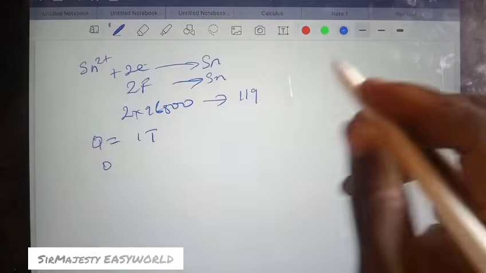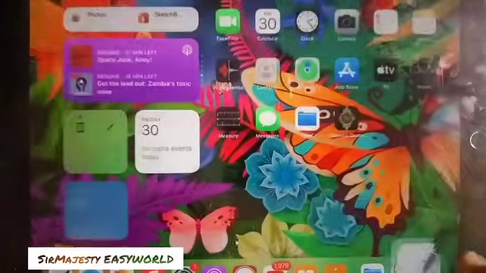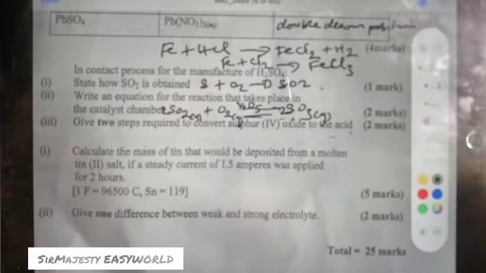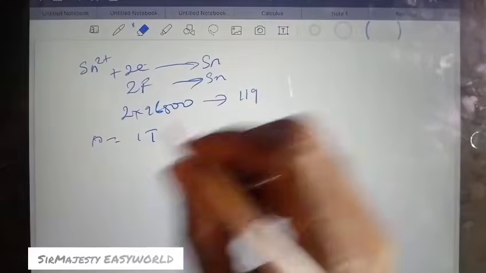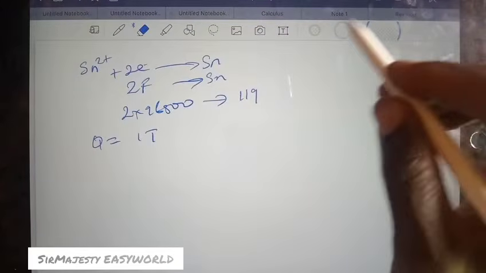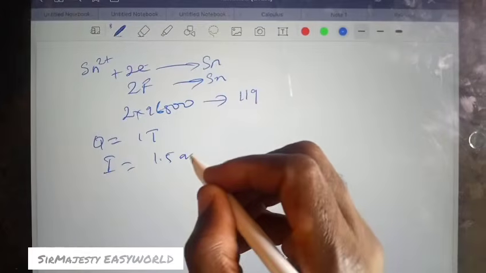Then the time that was given to us was actually 2 hours, if I can remember correctly, to avoid making mistakes. Okay, 2 hours and 1.5 amperes. The current provided is 1.5 amperes.